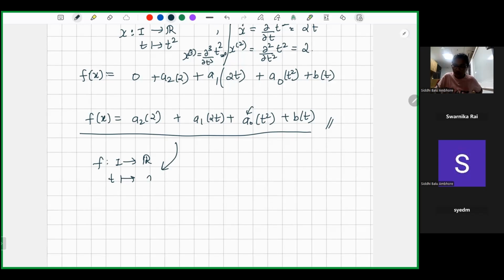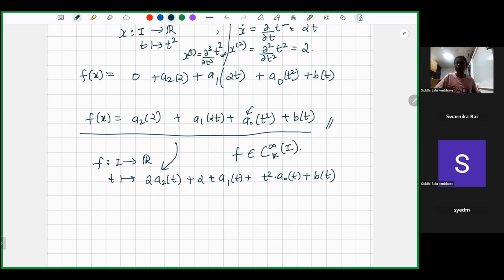So this is 2 a2t plus 2t into a1t plus t square into a naught t plus b of t. So this is my function. This f is actually this, and I'm saying this f belongs to C infinity of I. This is my f of x.